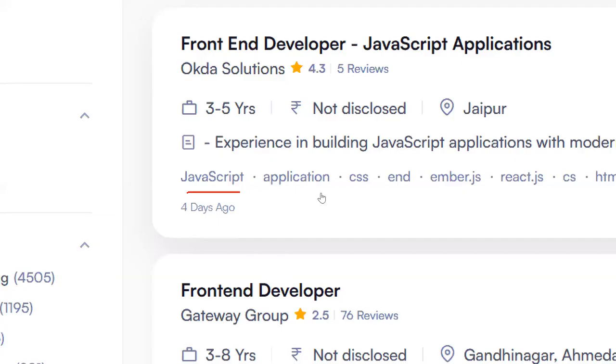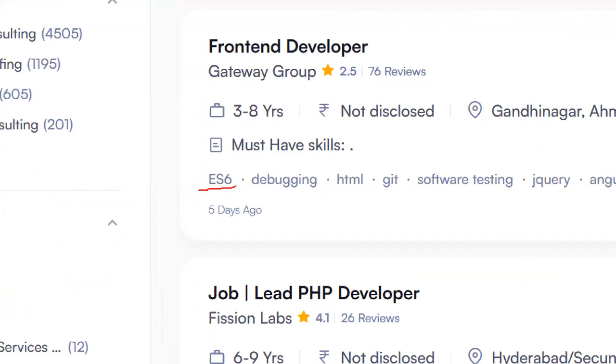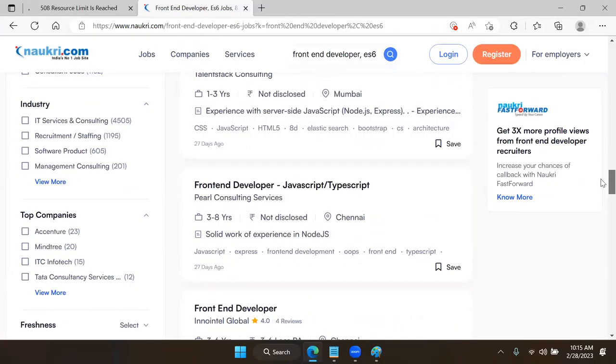But some people especially say that you need to have knowledge of ES6, because some new features of ES6 they may be using very frequently, very regularly in their applications, then they will ask that knowledge.